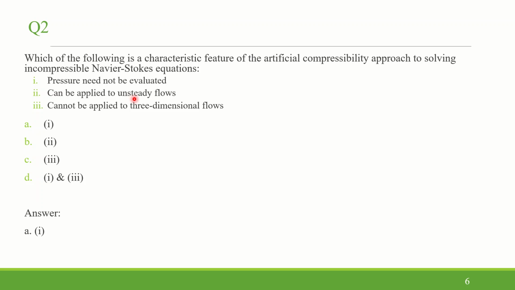It cannot be applied to unsteady flows, and similarly it can be applied to three-dimensional flows. So that is not an issue. So the second and third statements are false, whereas the first statement is true. So the answer is option A, 1 is the right answer.